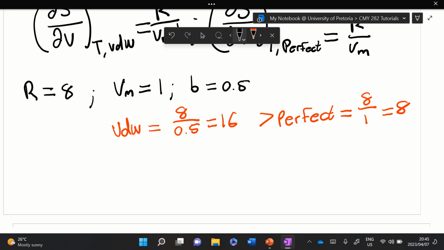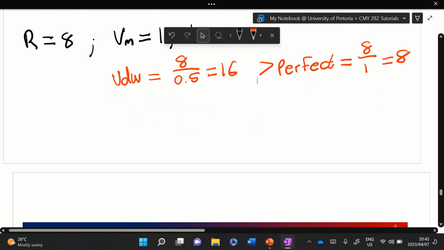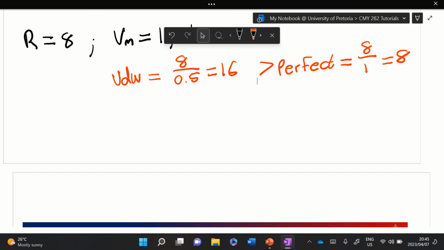That makes a lot of sense, because we expect a change in volume for a van der Waals gas, with B being what it is, meaning the repulsive forces between molecules, to be more disorderly than a perfect gas.